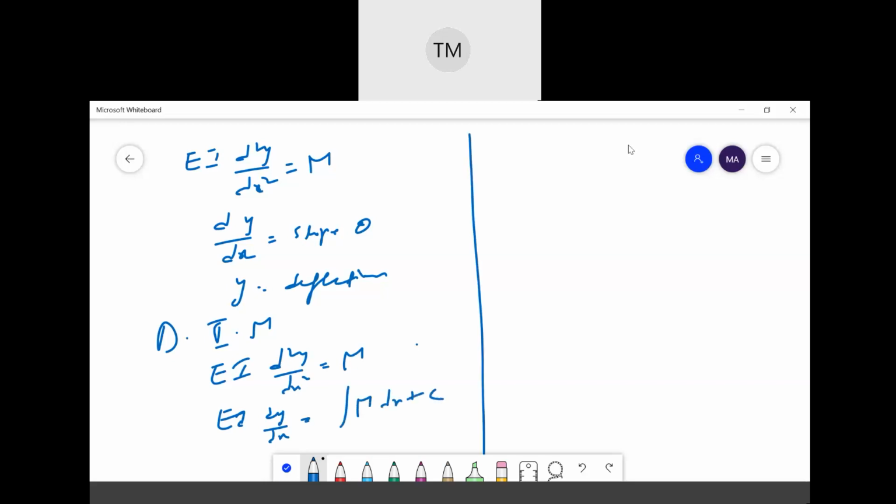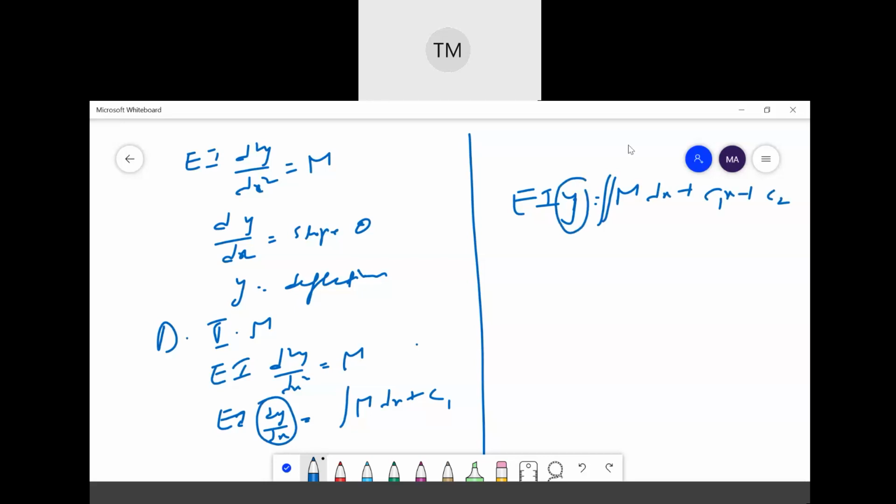Again, if you integrate again, EI y = double integral of M dx + c1x + c2. This one is c1x + c2. This is for double integration. This one is for slope, and this one is for deflection.